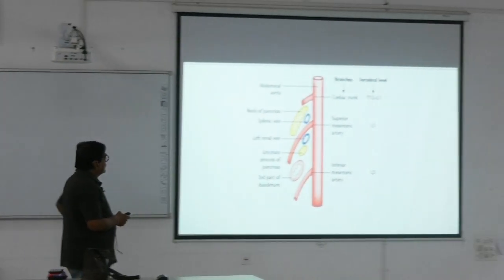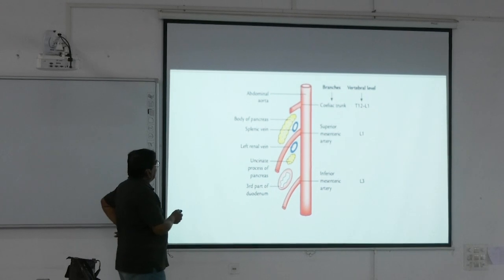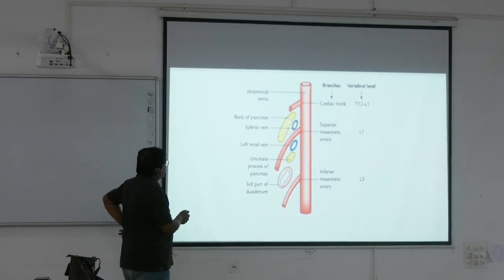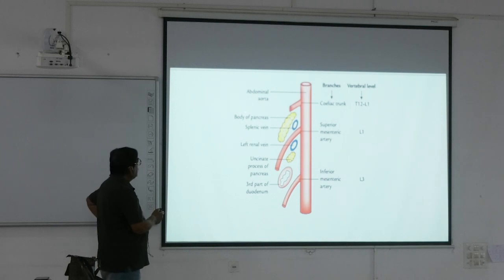Now you see this is a beautiful picture of, this is the celiac trunk, this is the abdominal aorta. You see in lateral view. Naturally, the body of the pancreas, the celiac trunk, and the superior mesenteric artery. This is the splenic vein, the left renal vein, and the uncinate process of the pancreas.